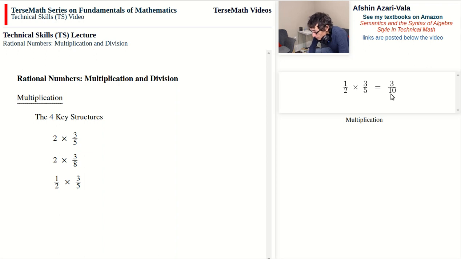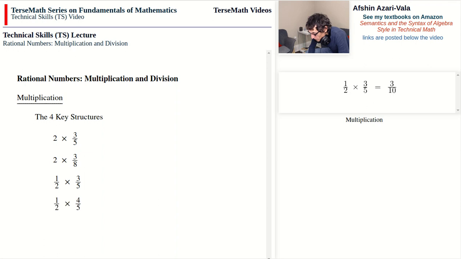So each piece becomes half as large. And we are still taking 3 pieces, but in 3/10, each piece is half as large as one in 3/5. And that way we achieve half of 3/5 by dividing the size of each piece in half. And that also explains why we can multiply denominators when we multiply fractions.